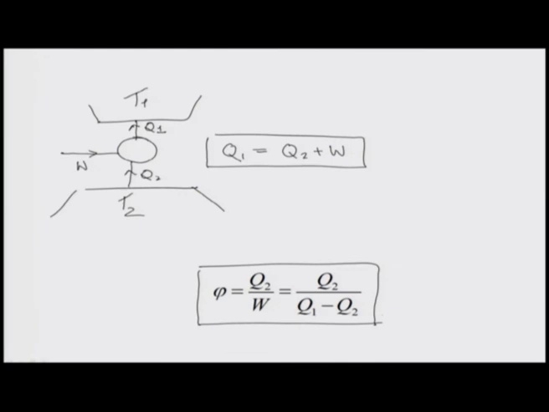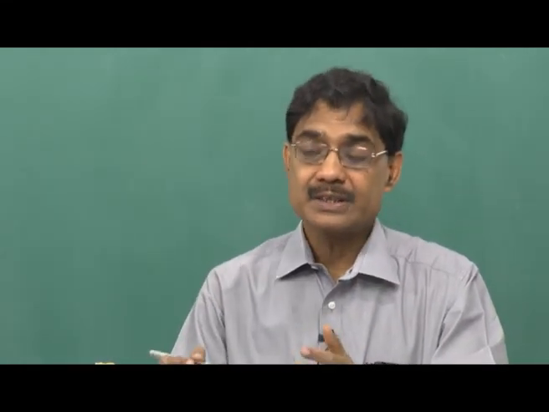What will be my purpose? In the ideal situation, I would like to have W equal to 0. If W is equal to 0, you see phi tends to infinity. So, what I will do is extract heat from a cold reservoir and dump it to a hot reservoir, but no work is required.